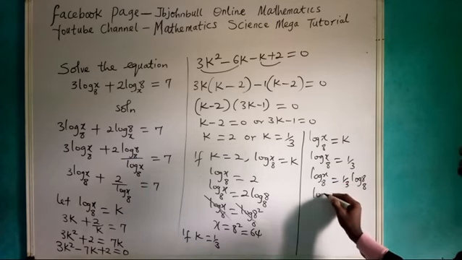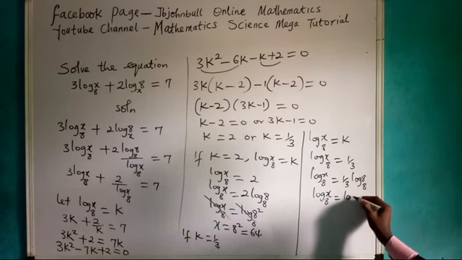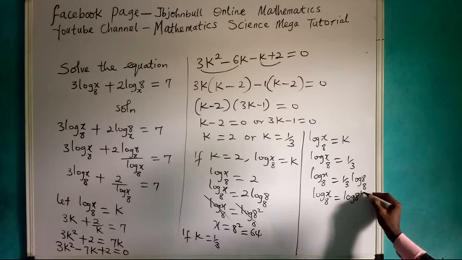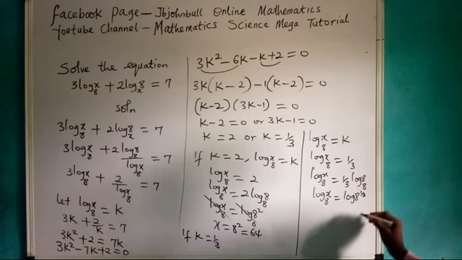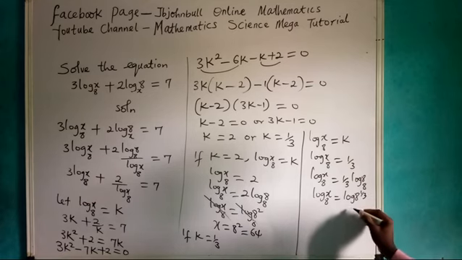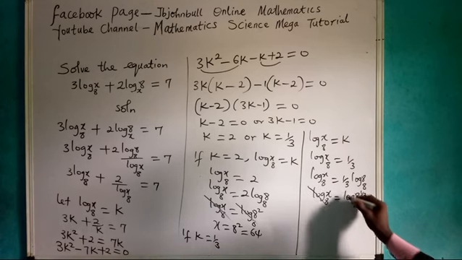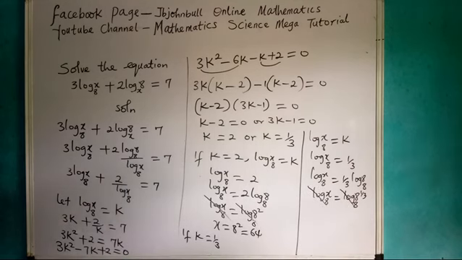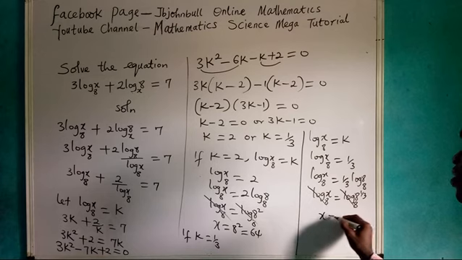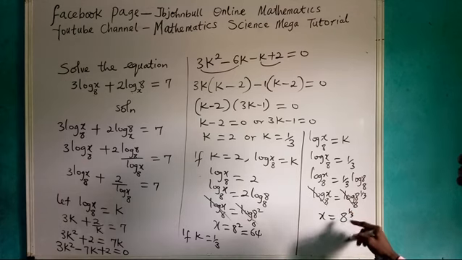And when I take it over, I'm going to have log 8 power 1 over 3. Remember, we're still dealing with the log of this 8. Therefore, we can still eliminate because they have the same base. Therefore, the answer here becomes x equal 8 power 1 over 3. And don't forget that we can reduce it.